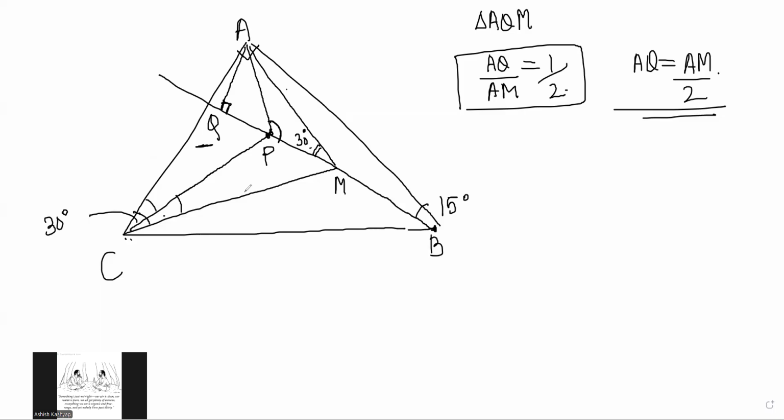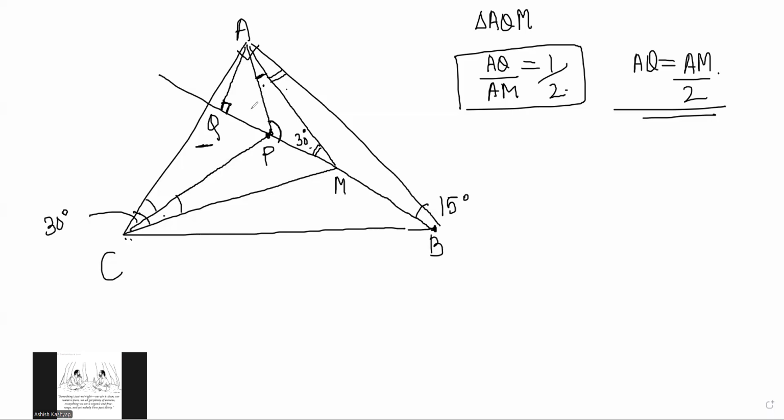Similarly, BAM. What was the BAM angle? We got that this much was 30, right? And AP was, I think, the bisector of this angle, right? 45, 45, if I remember correctly from the previous part. We had proved which two triangles were congruent?